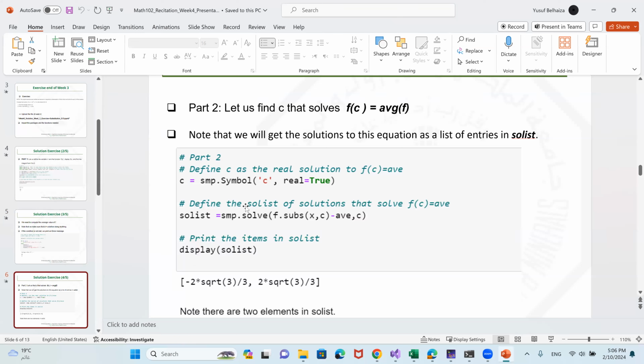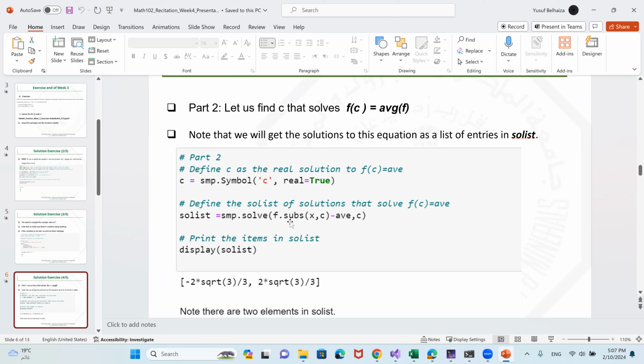And we will solve the equation using the solve function we've seen already, by substituting c in f. We use the subs function we've seen already in the first week, minus the average, for the value c.